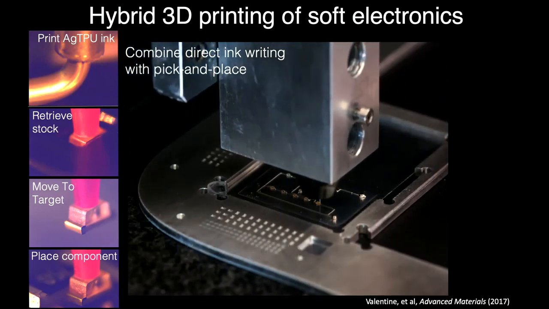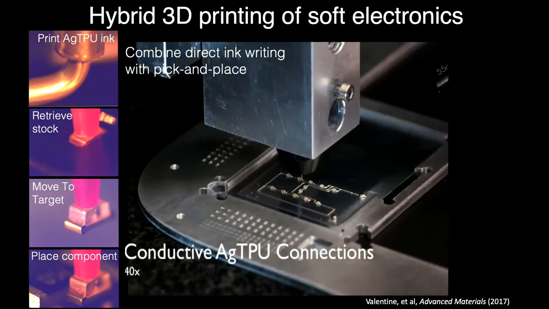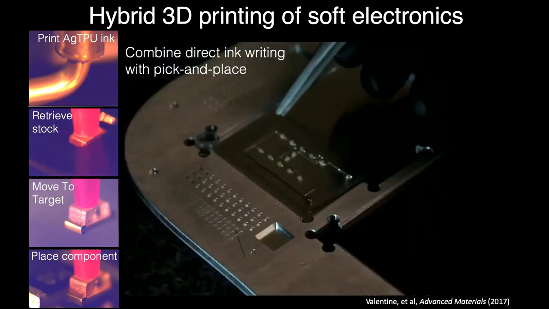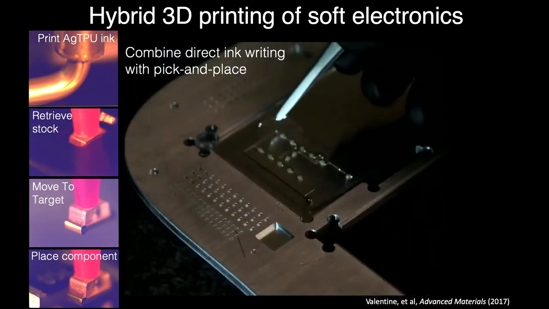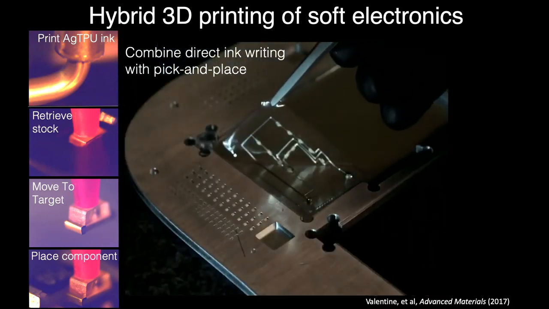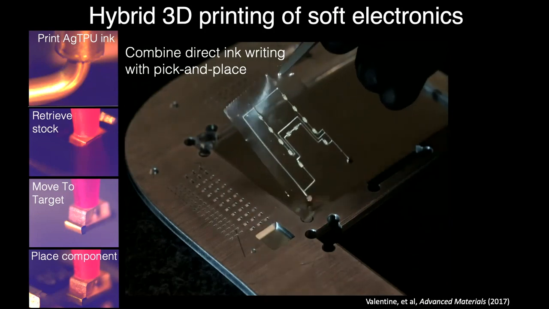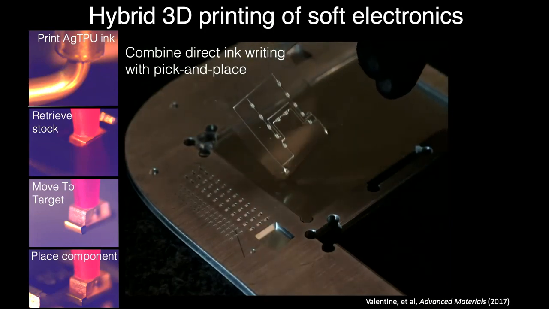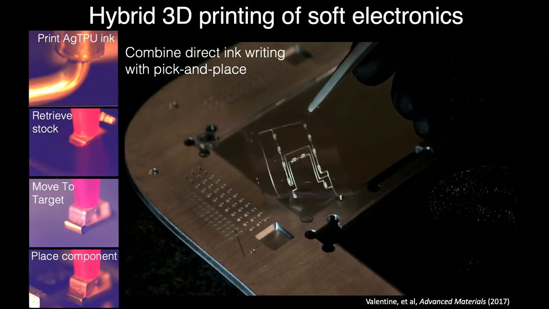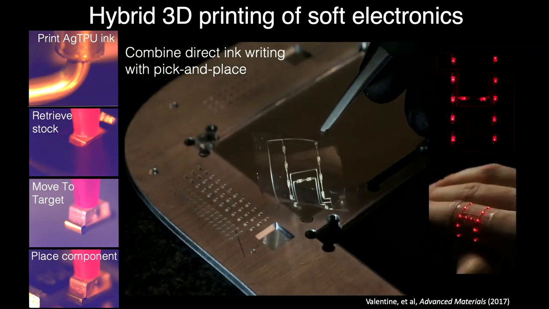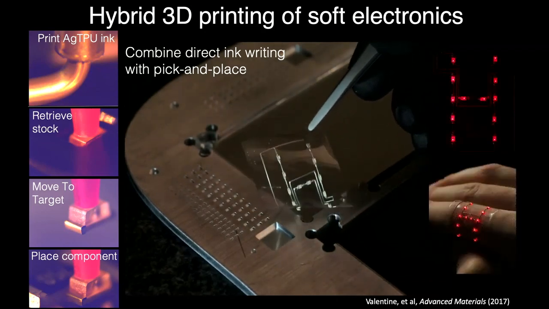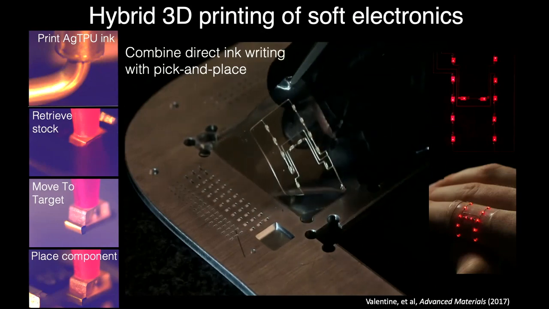What you see now is just interconnects between the printed conductive features and the LED components that we picked and placed. But this is a fully soft, functional electronic device. You can see this coming off the printer very nicely. We'll connect down here with a power supply, and then we can light that up. Okay? So this is a very nice way of printing a soft electronic device.